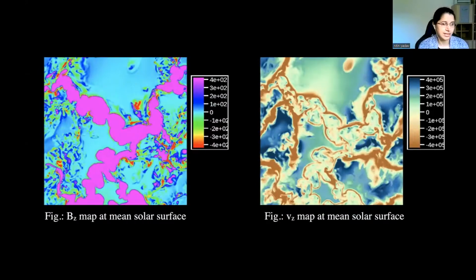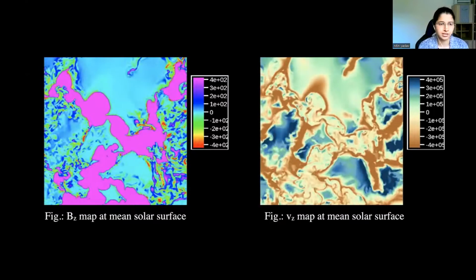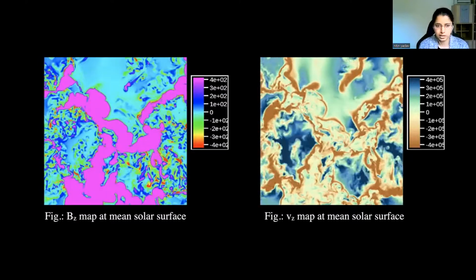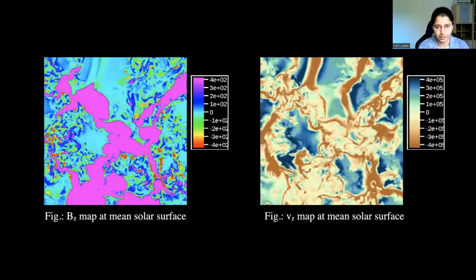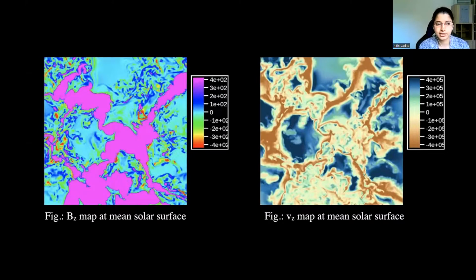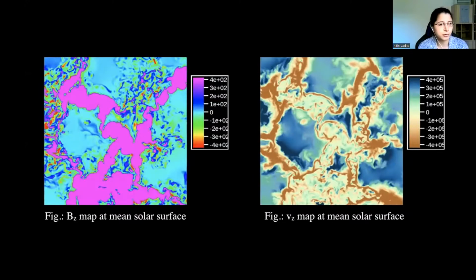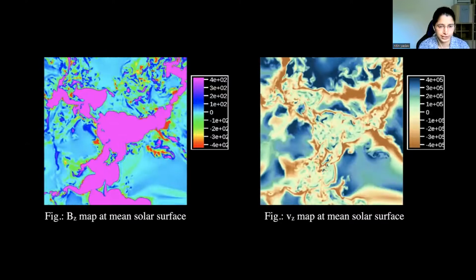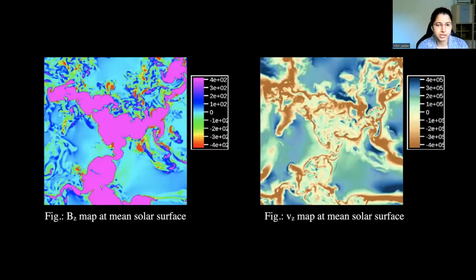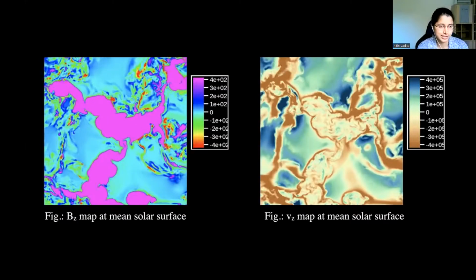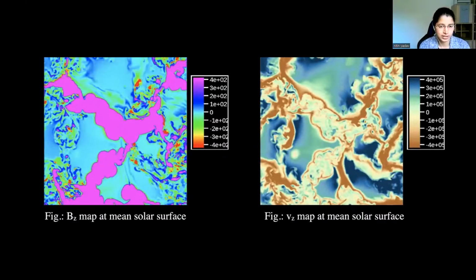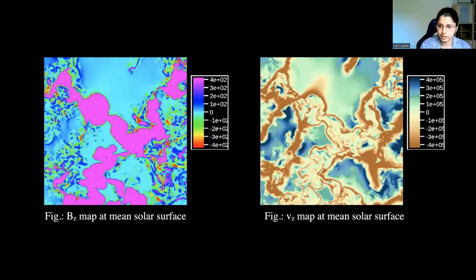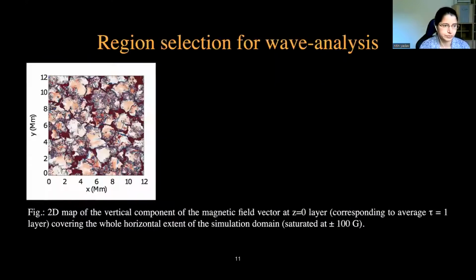The magnetic fields are moving around, and convection, if we look on the right-hand side, is not inhibited even inside these strong magnetic elements, which is actually the case for sunspots, which have similar magnetic field strength but a larger area coverage. Therefore, to study slow magnetoacoustic waves that travel along the magnetic fields, it was important to track these individual magnetic fluid parcels in space as well as in time.